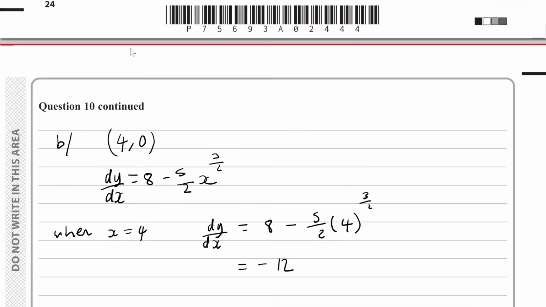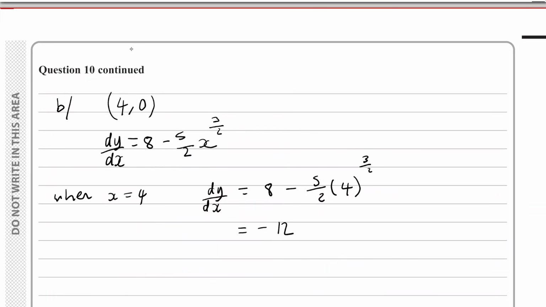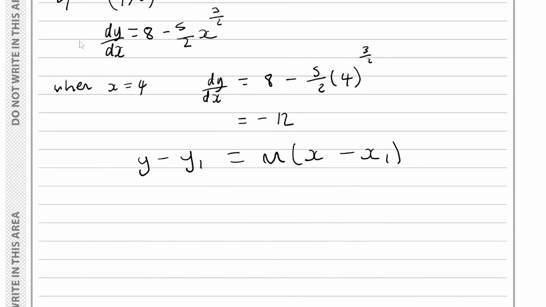Now we know the gradient and we know a coordinate, so we can find the equation of the line: y minus y1 equals m times x minus x1, with x1 and y1 being 4 and 0.